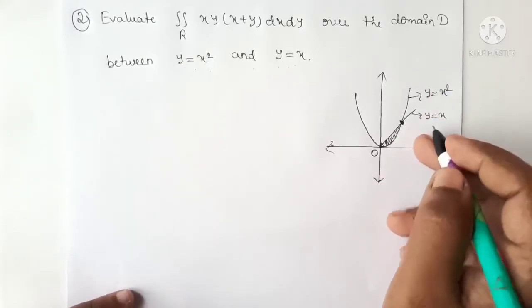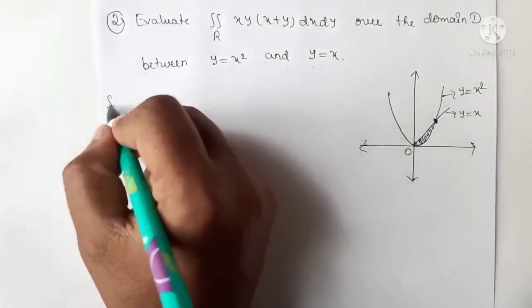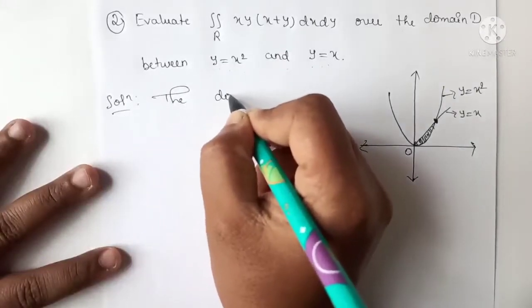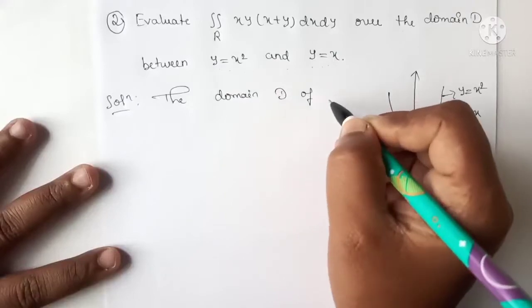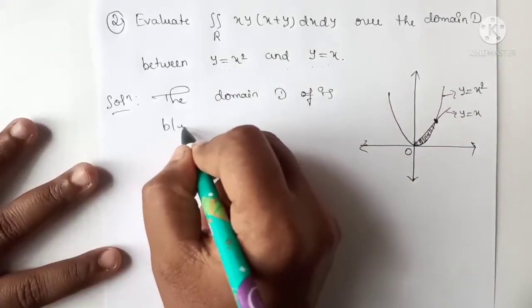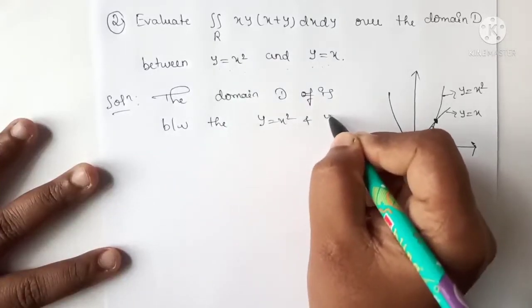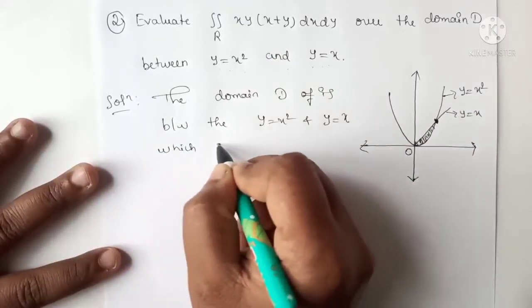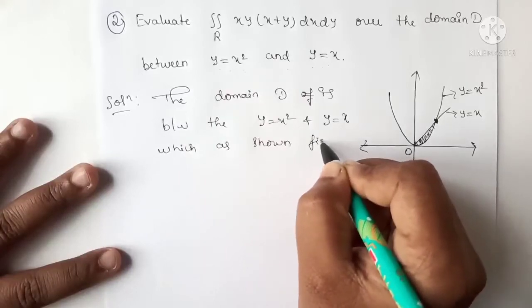Solution: the domain is between the curves y equals x square and y equals x, as shown in the figure.